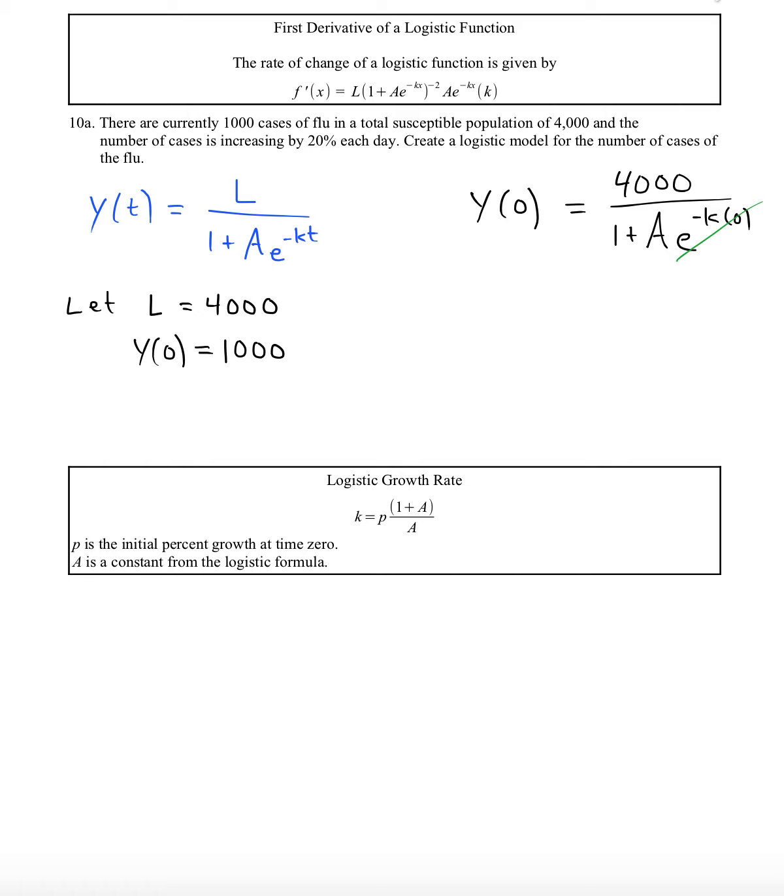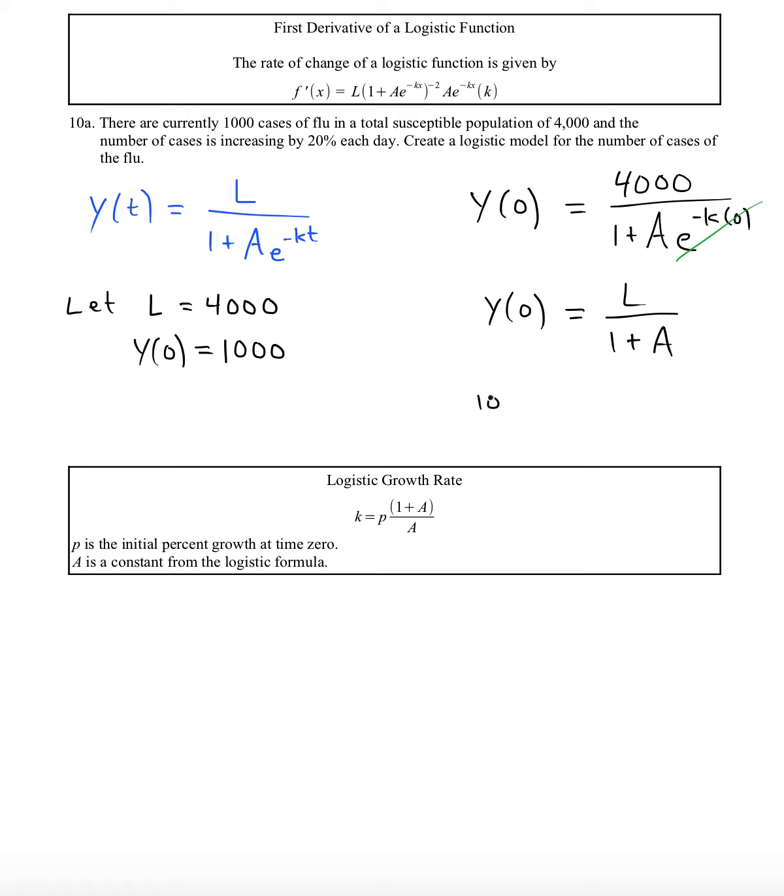And we're going to get back to a formula that we had used in the past here, which is L over 1 plus A. That is the way you find the initial population value. But we want to do the reverse here. We want to find A by knowing the initial population value.